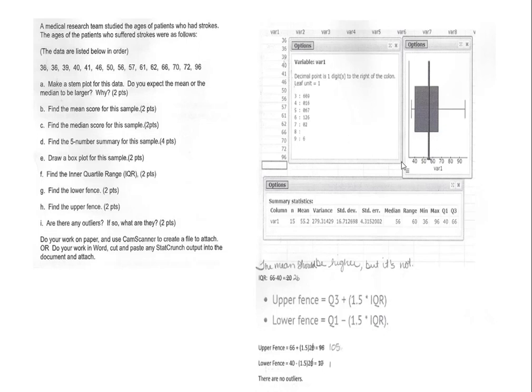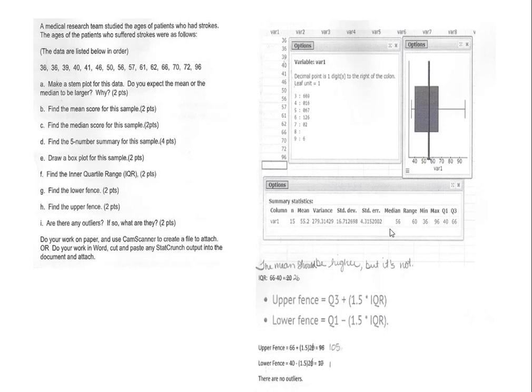You can see I used StatCrunch. The mean was 55.2, the median was 56. For part A, besides the stem and leaf, it's kind of skewed, so I would have expected the mean score to be bigger, but it wasn't. But that's what I wanted you to do, is just think about it and put it out there.